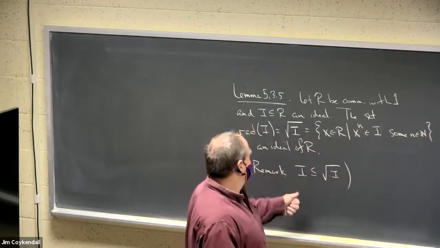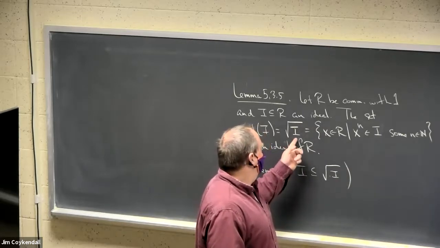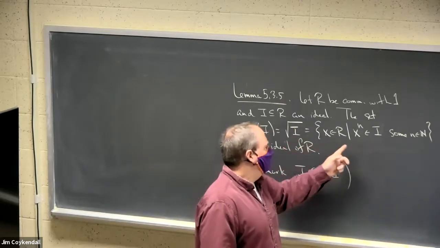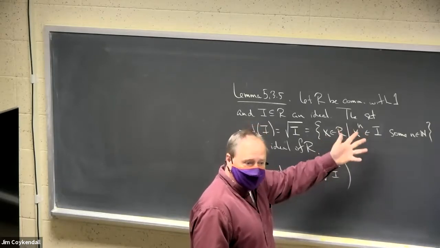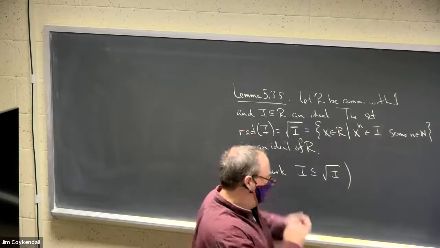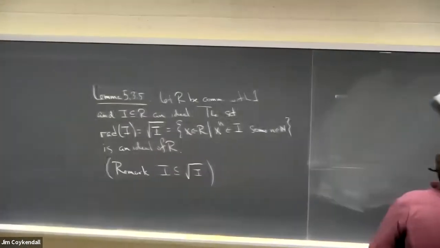In particular, notice that any element of I is in the radical because if it's already in I, then you can just take n to be the first power. Right? So as a set, the ideal I is contained in the radical of I.